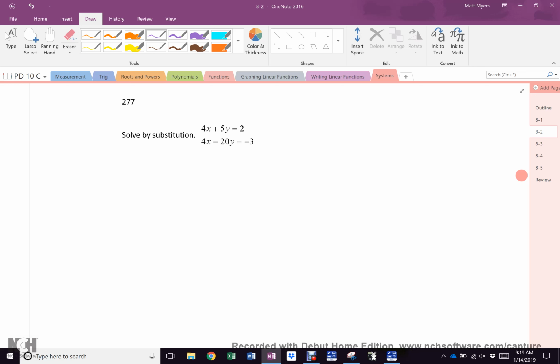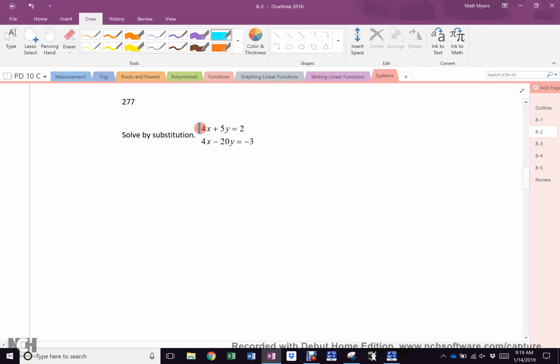So you have a couple of options. One, you could say, Mr. Myers told me what to do, I will do that. And you will isolate one of the variables and you will get a bunch of fractions. And then you will go, does not compute, cannot do fractions. Or you'll use your brain.